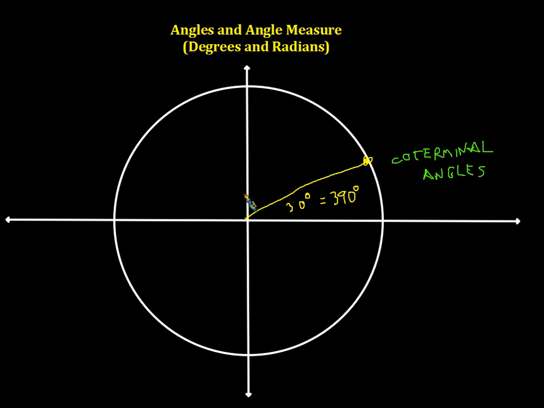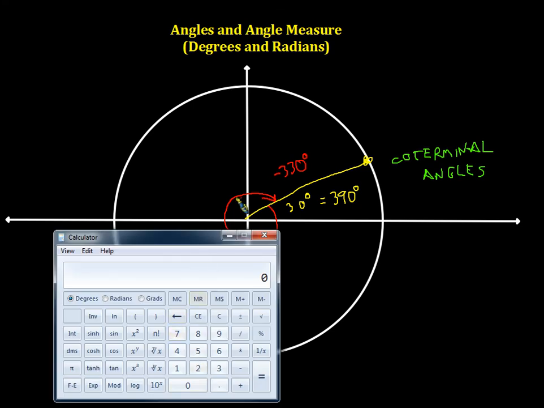Instead of going in the positive direction and adding 360 degrees, we could go in the negative direction and subtract 360 degrees. And if we did that, that guy is also coterminal with 30. That guy would be called, I believe, negative 330 degrees, also coterminal with 30. Let's again use the calculator to verify that this is correct.